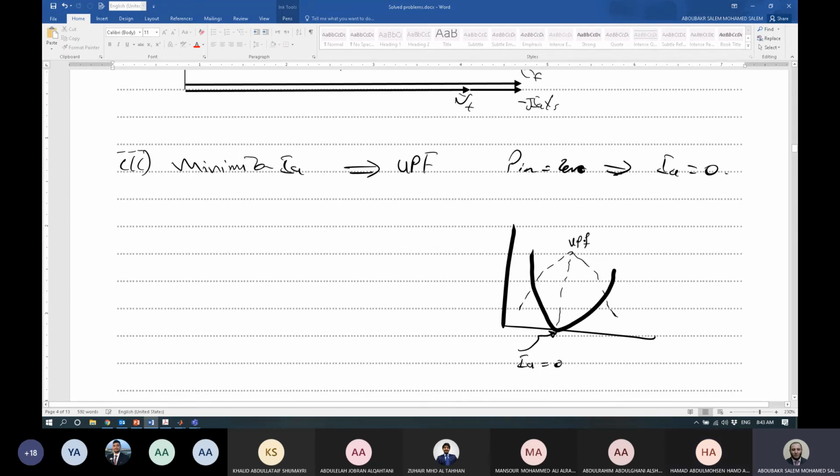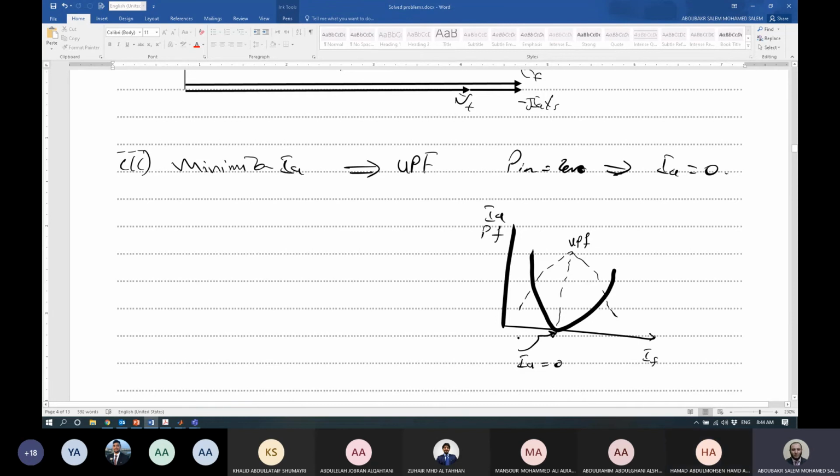This is unity power factor. This is the relation of the V curve, IA and power factor versus IF. Okay, guys? So for this case, we need to calculate by how much we should change the field current in order to get 0 current.